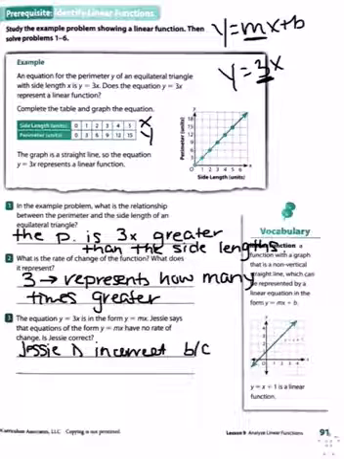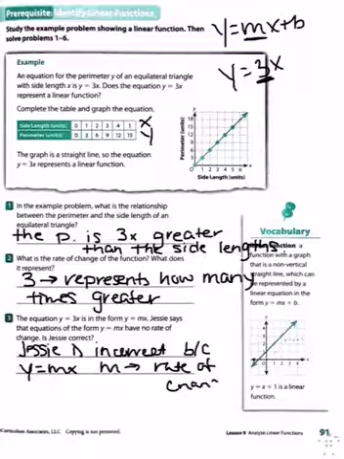Because in the equation y equals mx, m is the rate of change. And so it does have a rate of change. It has a rate of change of 3. But it is, however, missing a y-intercept, because the y-intercept would be the plus b at the end, which it does not have.